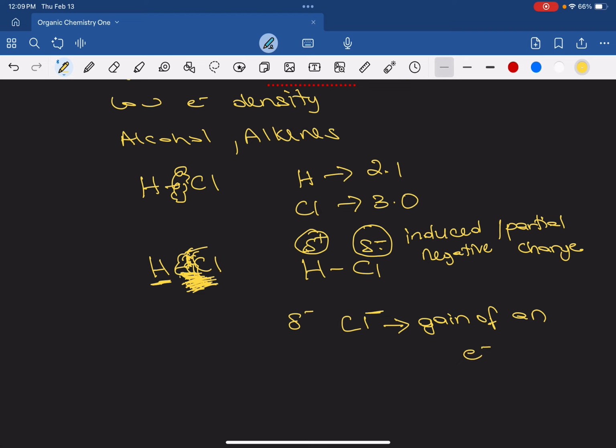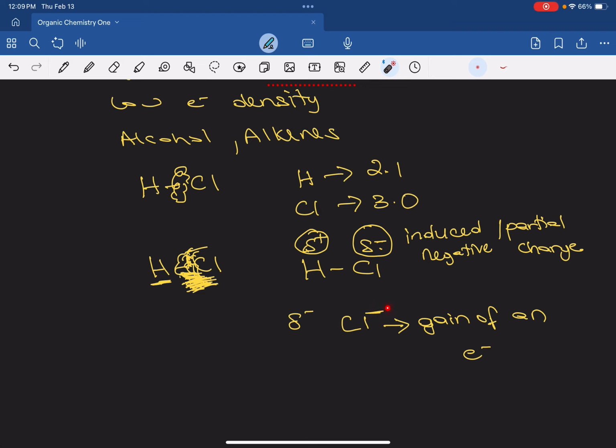You have to realize that your partial or induced charge resulted from the electron cloud being pulled, right? The electron cloud is being pulled this way, but it's still shared between the hydrogen and the chlorine. It's just that most of it is here. So that's the difference between a partial negative charge and a full negative charge.